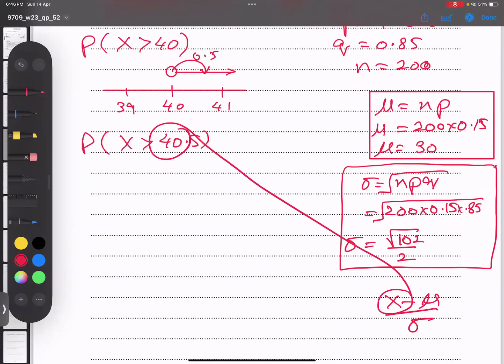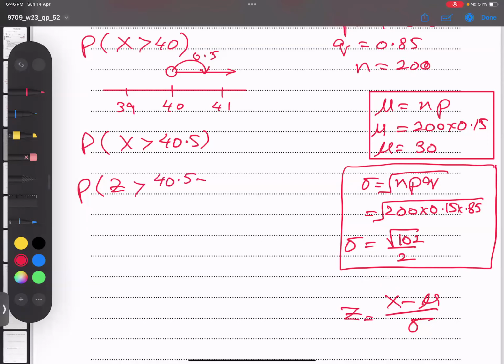So this x will convert into z, where z means normal data. So 40.5 minus mean, which is 30, divided by the deviation, root of 102 divided by 2.